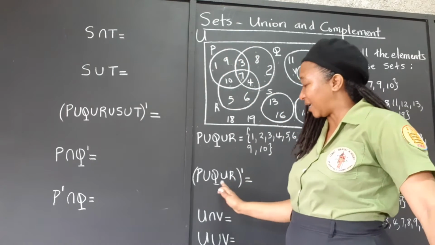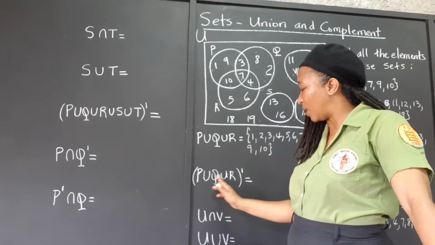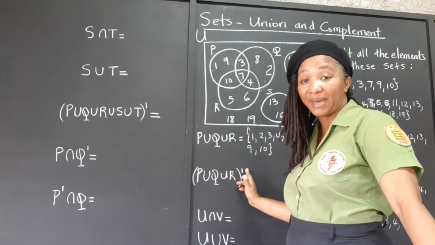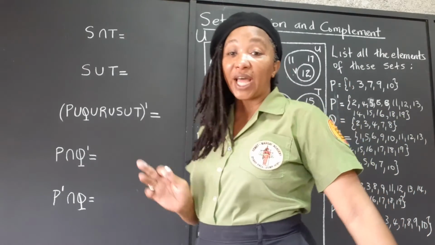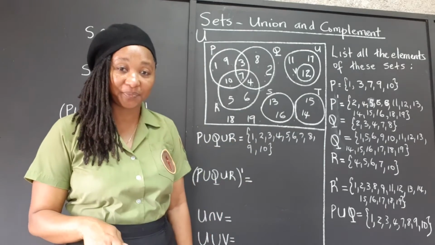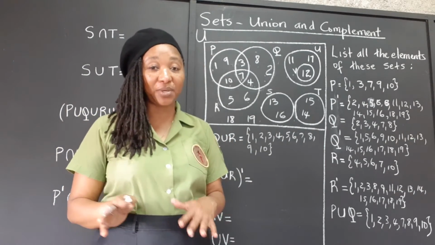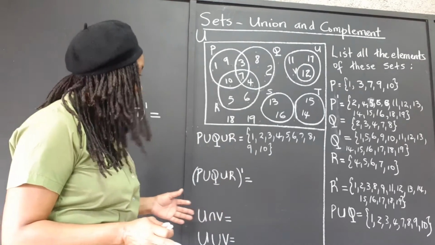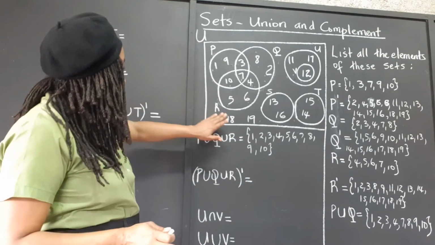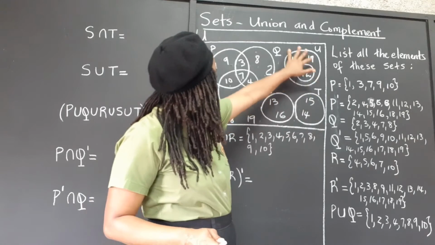Now what does this say? The complement of the union of P, Q, and R. So that means what is not in P, Q, or R? So that means everything out here.